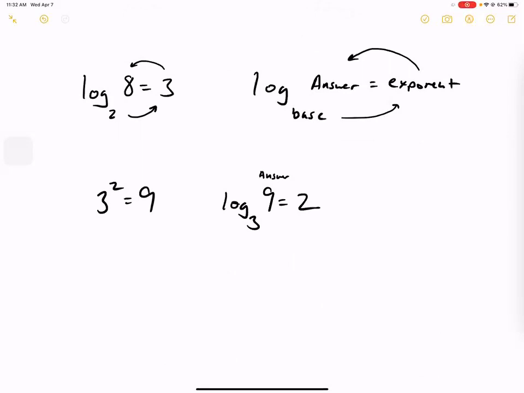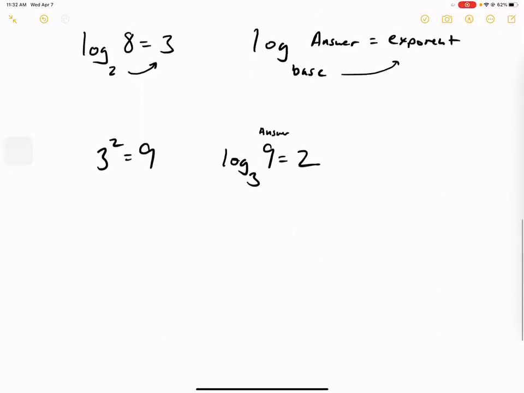What happens when I'm multiplying a couple of different answers? What if I'm writing log of 9 times 27? Let's look at it this way. We can write 3 here if we want. Well, couldn't we break this up? Our rule says if I'm multiplying, I'm really just adding.